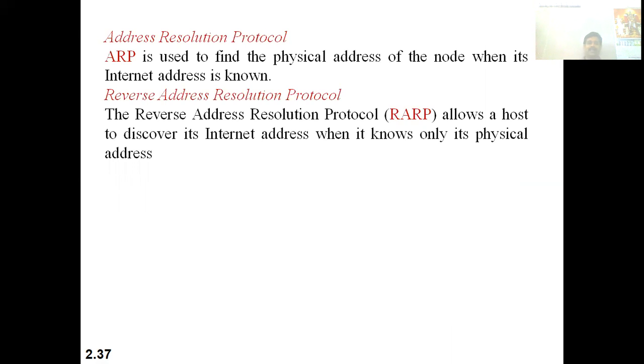The next one is the reverse address resolution protocol. The reverse address resolution protocol allows a host to discover its internet address when it knows only its physical address. It knows its physical address. If you want to find the internet address, then you can use the reverse address resolution protocol.